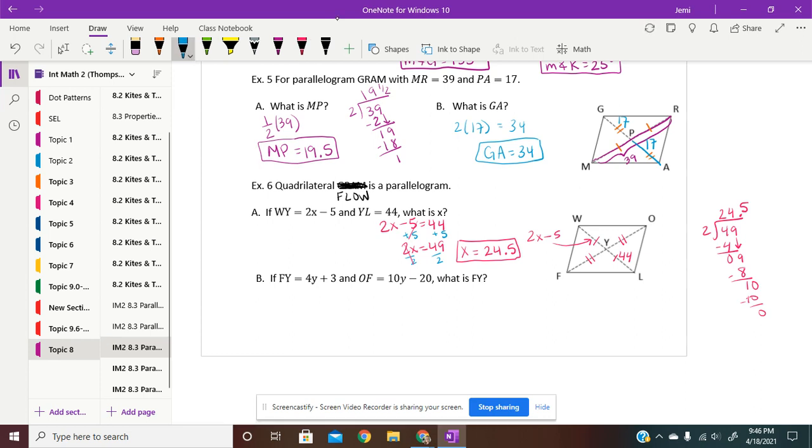All right, last piece. If FY is 4y plus 3, so that's this piece here, 4y plus 3, and OF, the whole diagonal, the whole thing is 10y minus 20, what is FY?